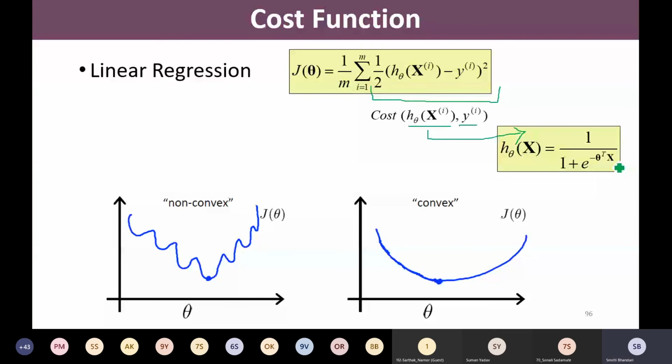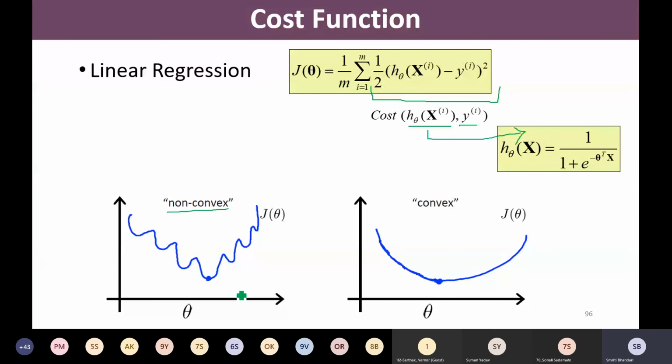Now, if by making use of this hypothesis I try to compute the cost in the similar way that I did for linear regression, then due to the non-linear nature of my hypothesis h theta x, my J of theta will be a non-convex function like this.